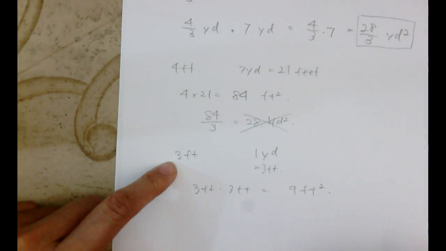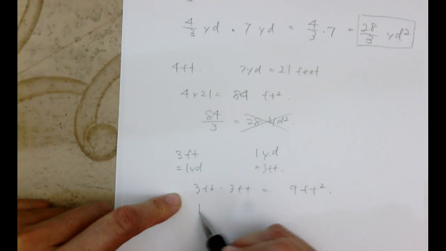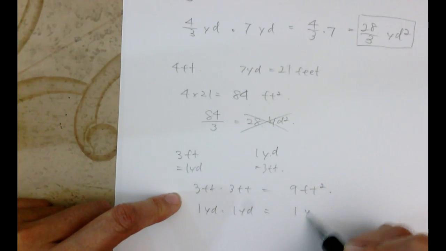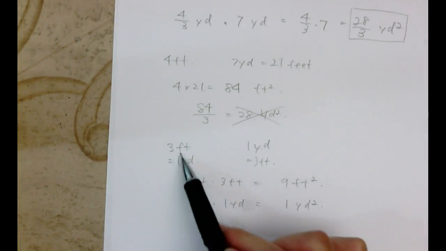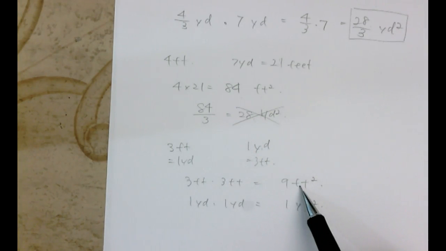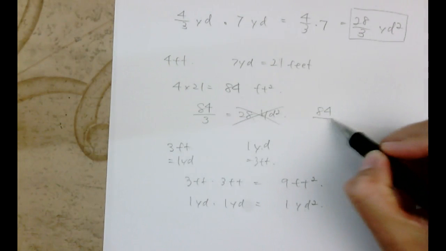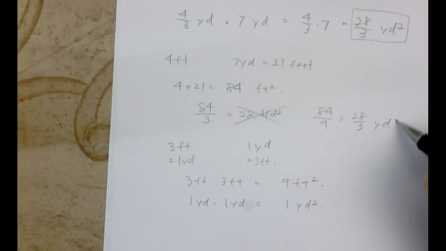And if I change this to 1 yard, and this is 1 yard, then 1 yard times 1 yard is 1 yard squared. So when you are squaring it, you have to square the lengths. So you actually have to divide by 9, not 3. So if you do 84 divided by 9, you get 28 over 3, which is the same as this.